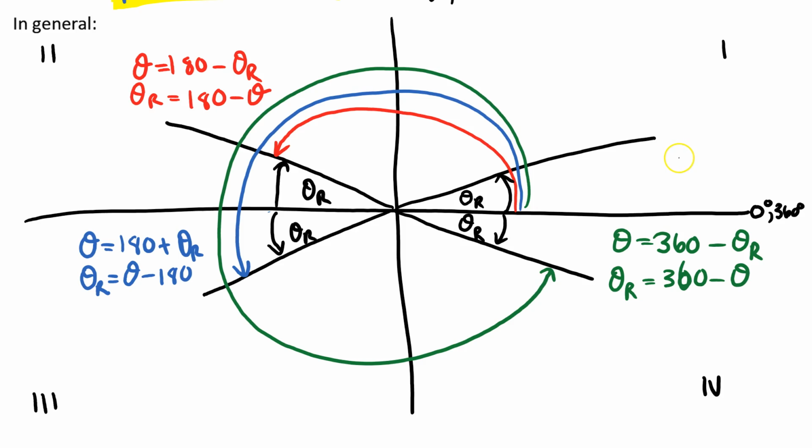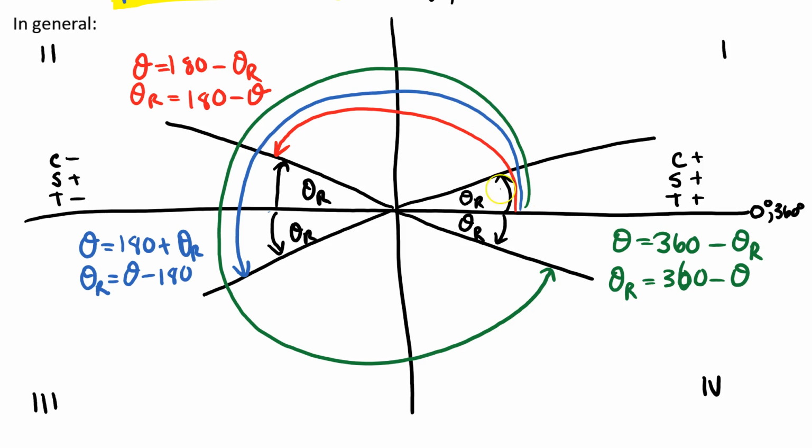One more really important thing to remember is where sine is positive and where cosine is positive. In this one, cosine, sine, and tan are all positive. In this quadrant, our sine is positive, but our cosine and tangent are negative, right? Because sine is associated with the y-coordinate.